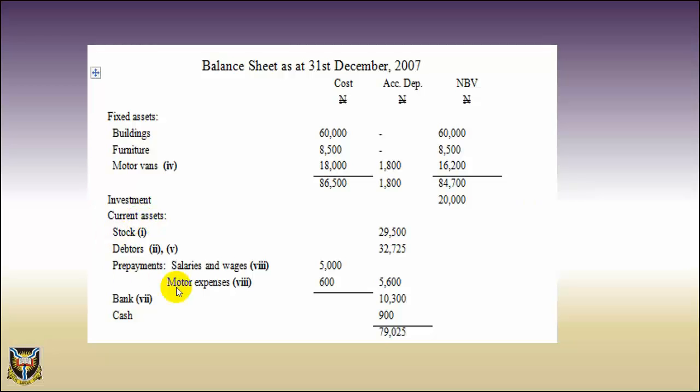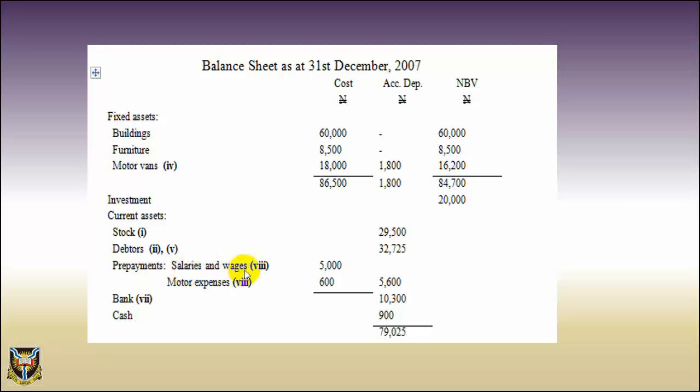Current assets: stock 1, 29,500. Debtors 2, 5, 32,725.